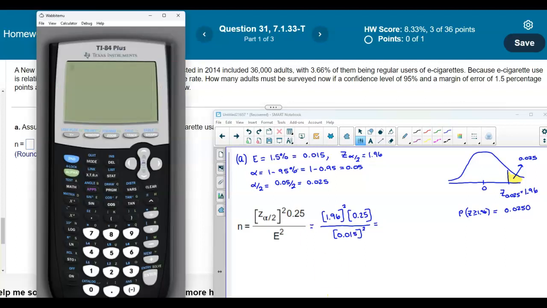So parentheses 1.96 squared, multiplied by 0.25, gives us the numerator. Now let's divide it by the margin of error squared, so divide that by parentheses 0.015 squared.